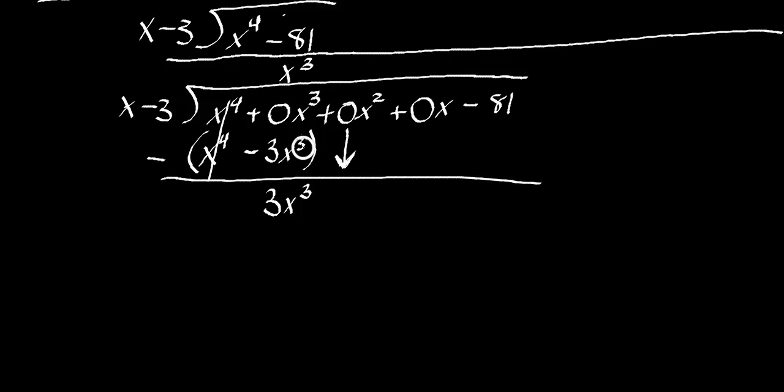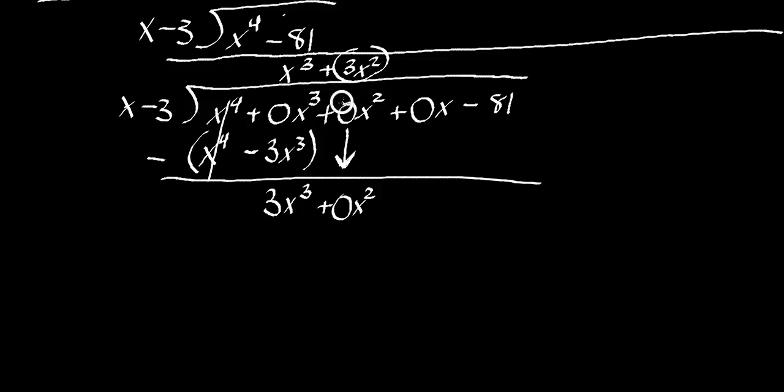We bring that down and we get plus 0x squared. And again, x times what is 3x cubed? Well, 3x squared. 3x squared times x is 3x cubed. Okay?